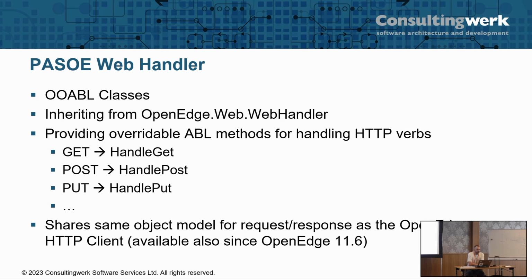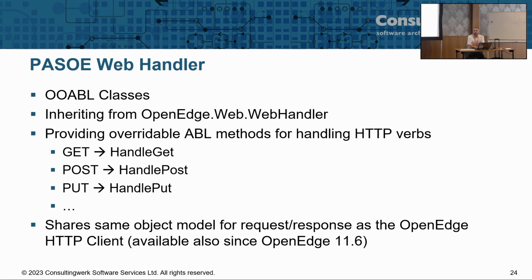Right, so a web handler is an ABL class, OOABL. It inherits from OpenEdge.Web handler. And you have to provide methods for handling the HTTP verbs like get, post, put, patch, delete, etc.